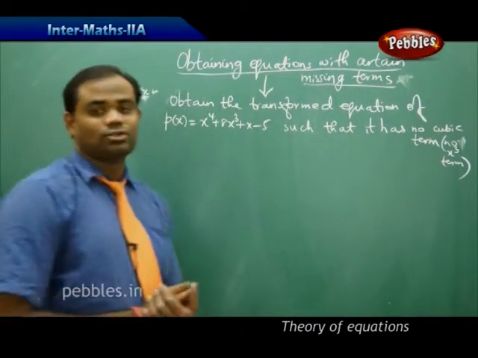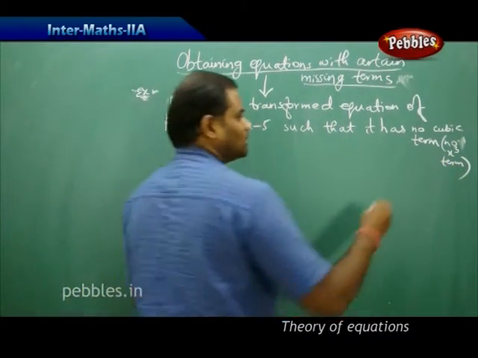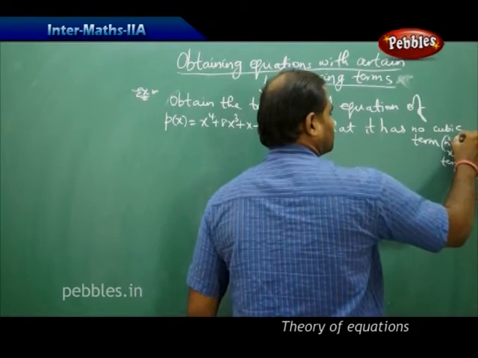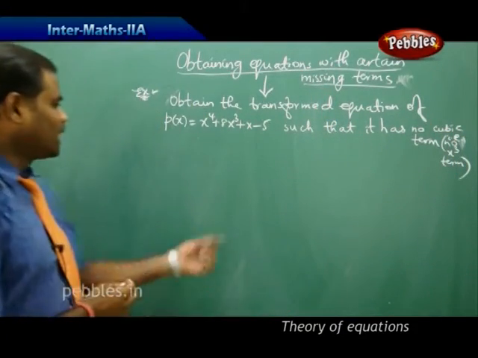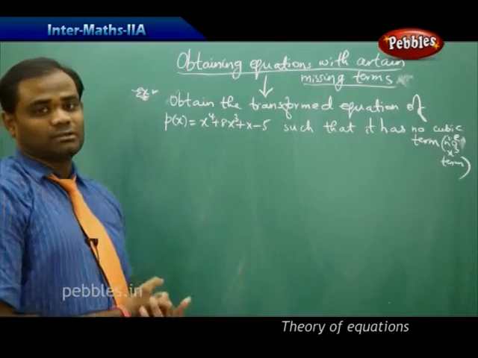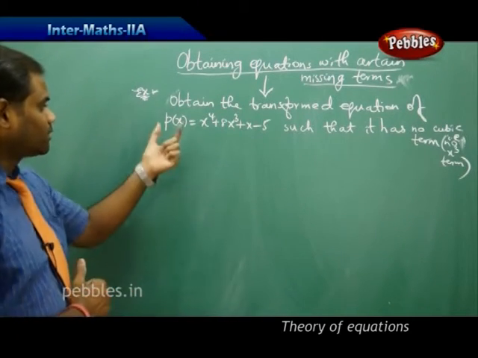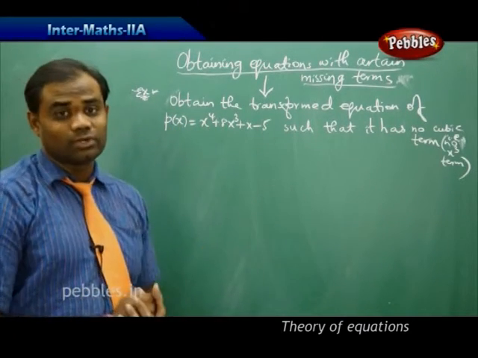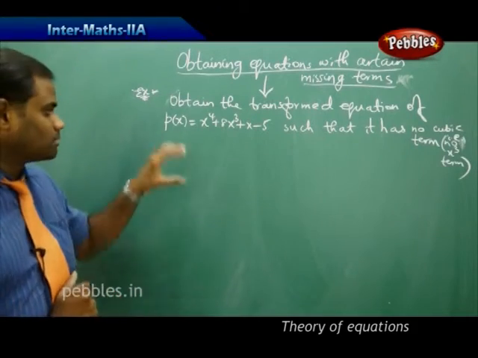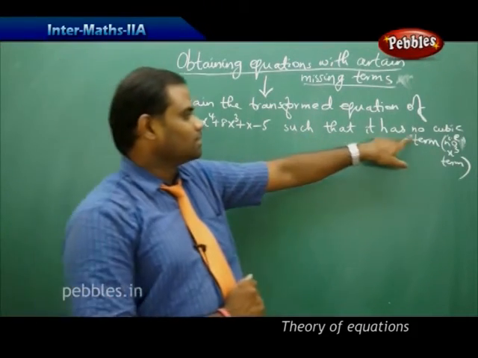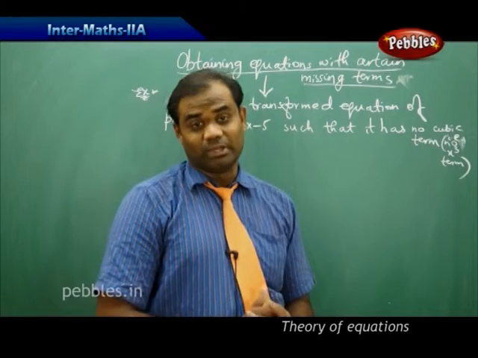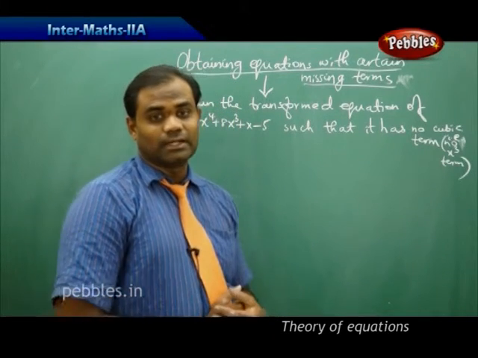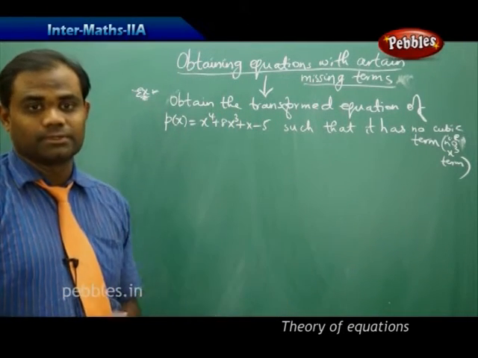There is no x cube term is how we understand this problem. So basically I have an x cube term here, which is 8, but the question desires that I have to transform this equation into a new equation without disturbing the mathematical property such that the new equation has no cubic term. So how do I do that is the biggest question out here.